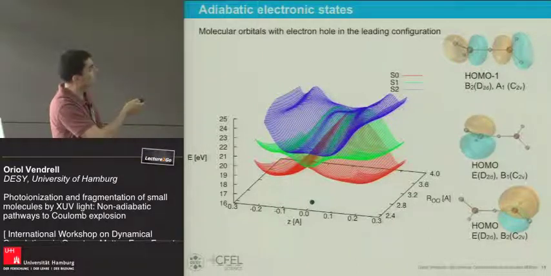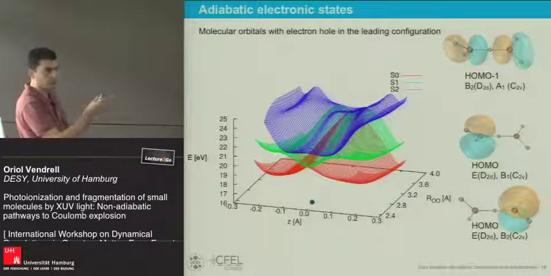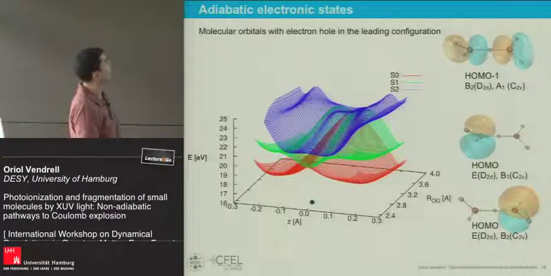And when you do that, the proton moves in a more or less shallow potential, and at some point, if the proton moves enough to one of the sides, this state will become unstable, and you will have a conical intersection, and basically the charge will then localize. So this is a conical intersection related to the fact that when the proton moves to one side, in the end, the hole tends to localize in the other water molecule. So we have here an interplay between the position of the proton and where the holes are located.